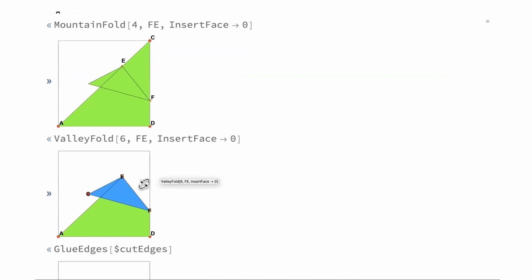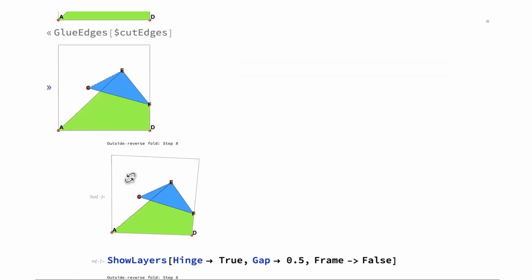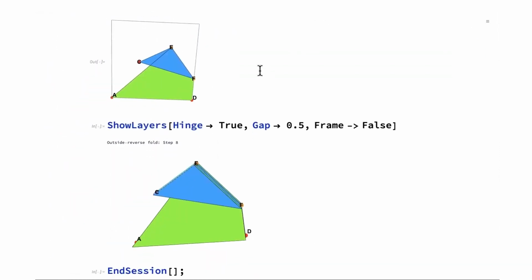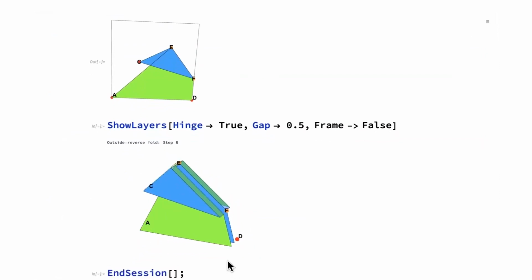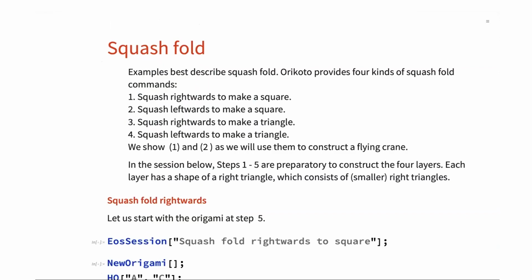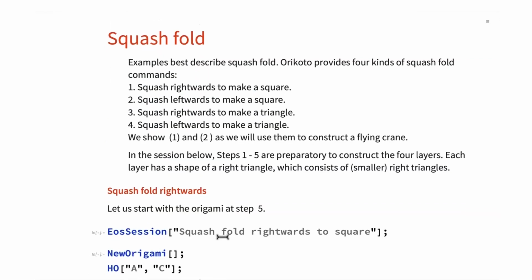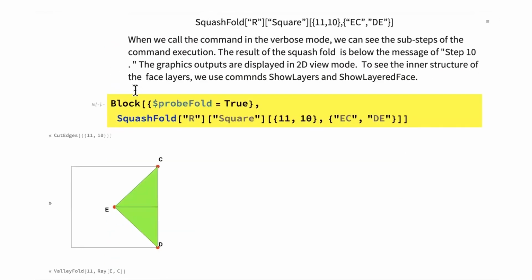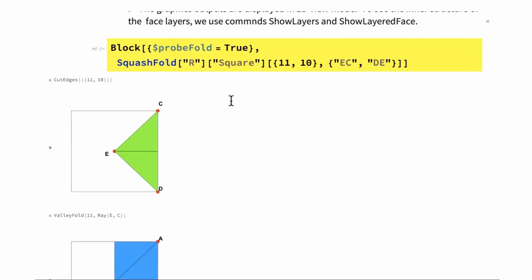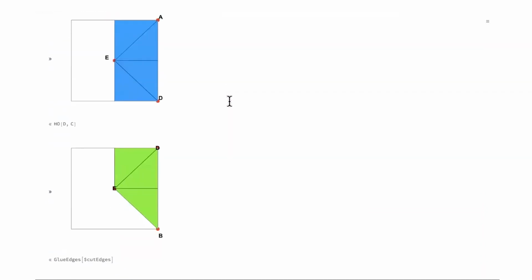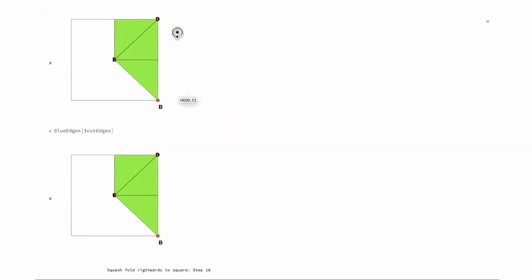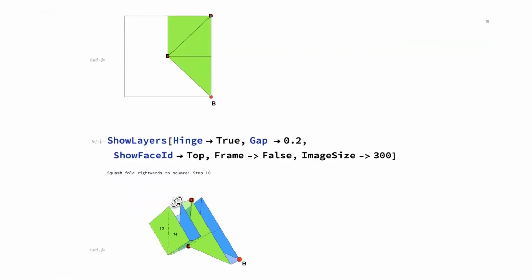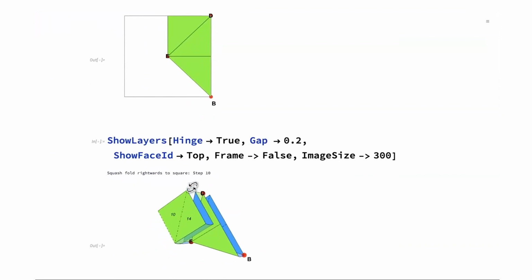The opposite of inside is outside. So you get this one, and you will see here the mountain folds and valley folds. And there is one more, which is quite often used, the squash fold. Suppose you were given this, and a squash fold is to squash this part into here. If you look at this one, it's quite obvious, this part is forced into here.